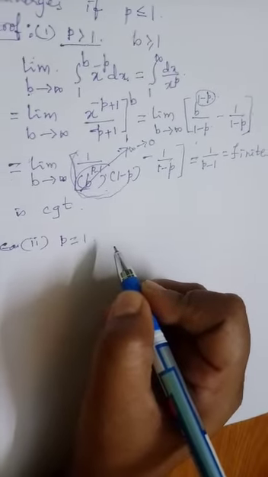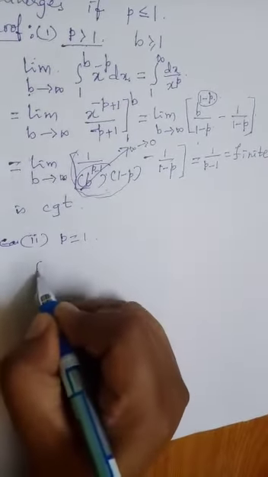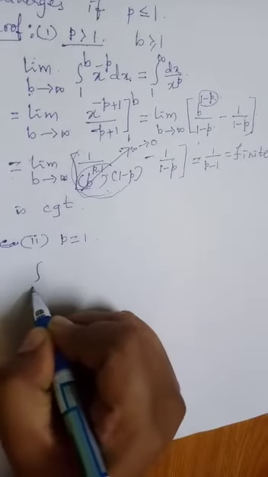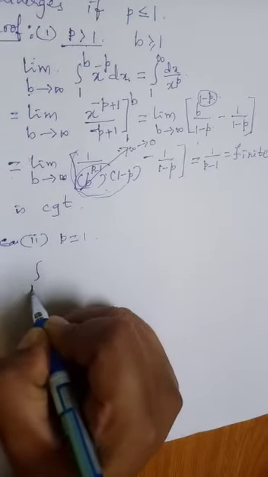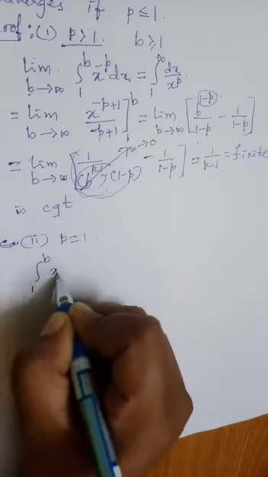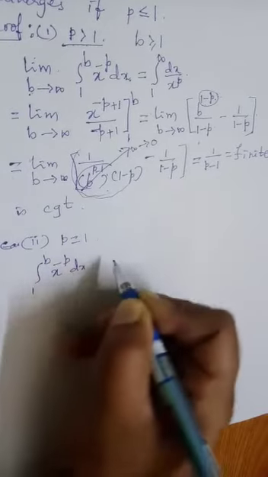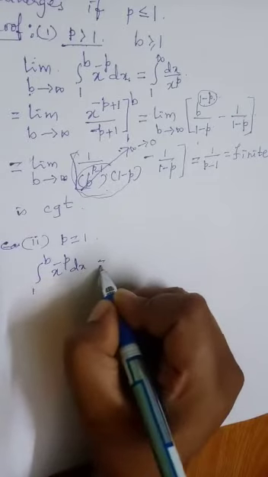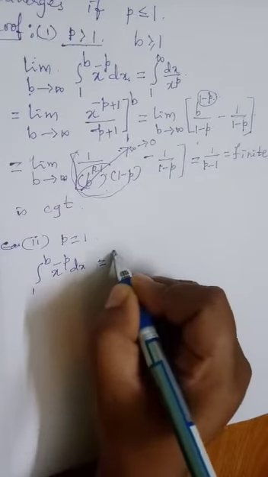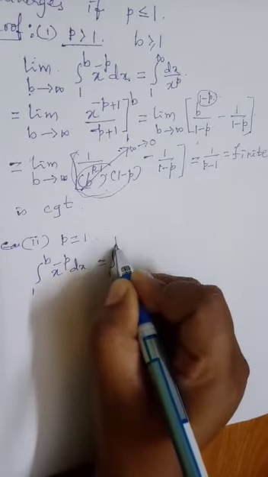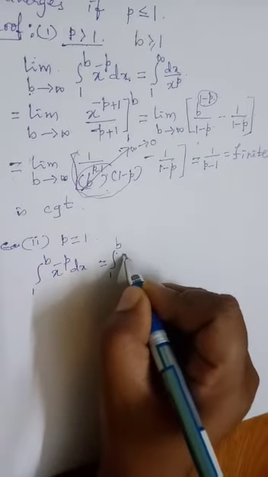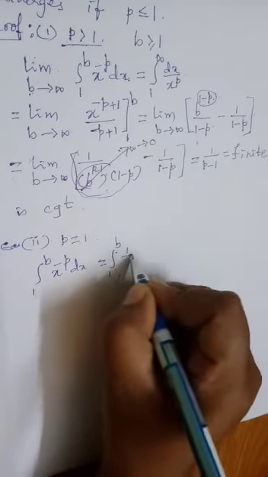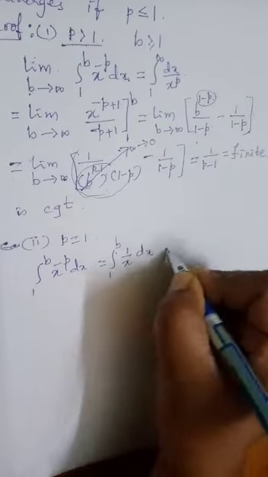When p takes the value 1, the integral from 1 to b of x raised to minus p dx becomes the integral from 1 to b of 1 by x dx.